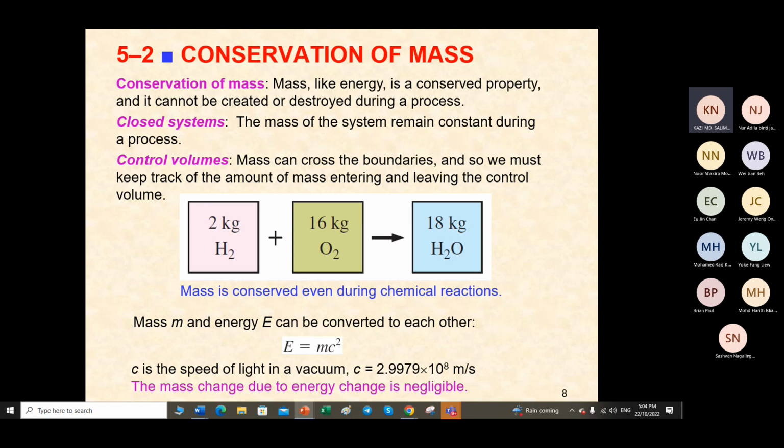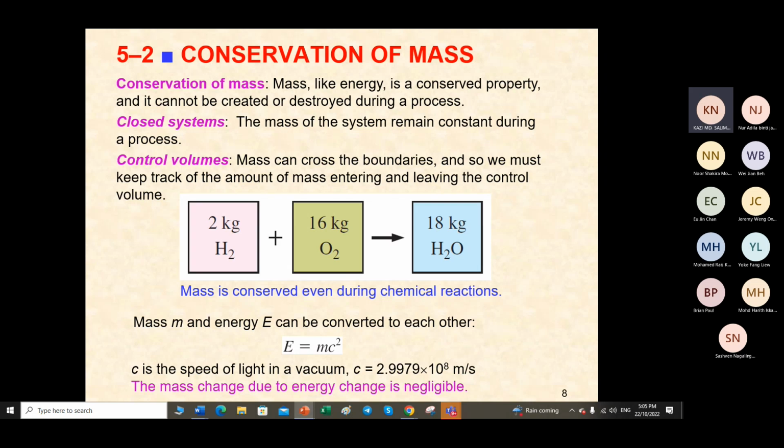If we consider the conservation of mass, then with this simple example we can say that 1 mole of hydrogen, if it reacts with 1 mole of carbon dioxide, produces 1 mole of oxygen and 1 mole of water.